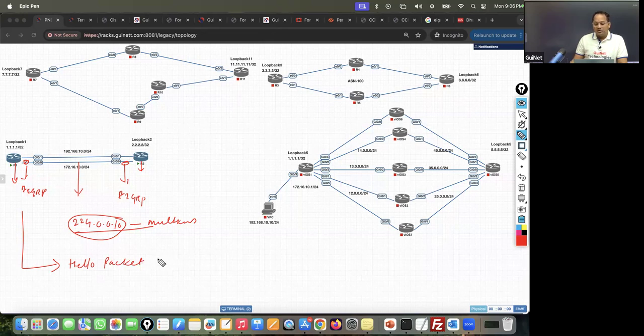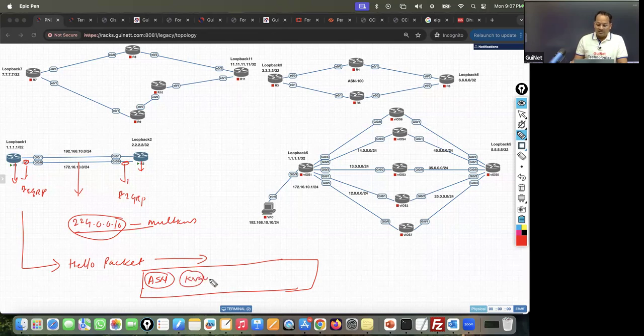This hello packet is going to send, and it is going to contain multiple pieces of information. They contain very important information, that is the AS number. This is the one information. Second, they contain the key values.